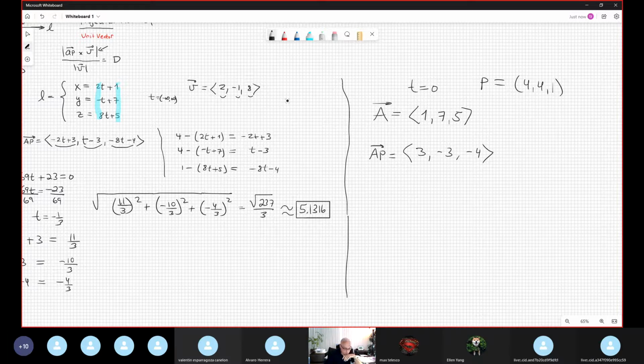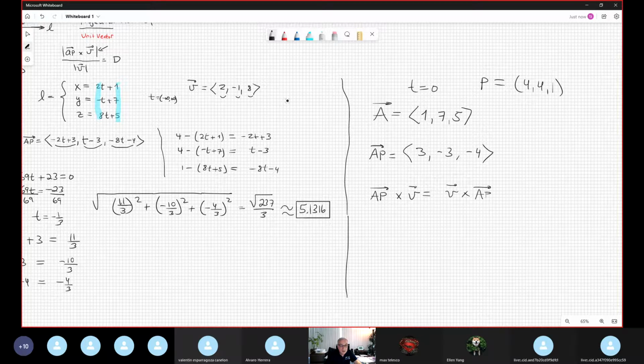However, when you perform the projection, you perform now the vector AP cross B. Either way, or P cross A, I don't care, because the only difference between them is the sign.